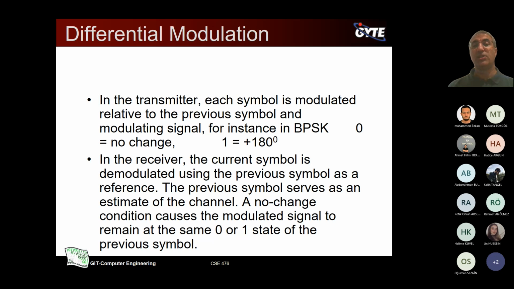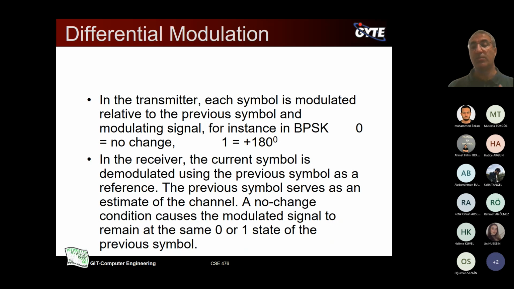But in differential modulation, as the name implies, it depends on the preceding bits. So in the transmitter, each symbol is modulated relative to the previous symbol and modulating signal. For instance, in BPSK, we assign 0 when there is no change, and when there is a 180-degree phase change, we assign 1.